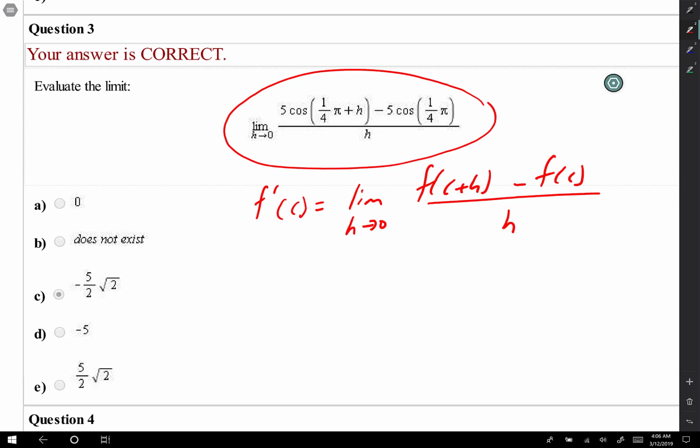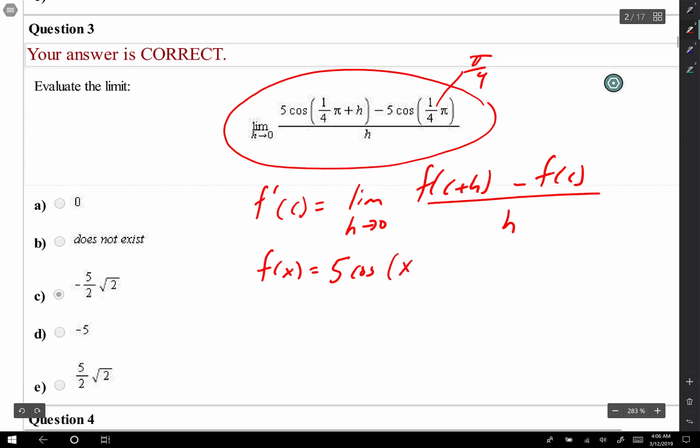So it's a derivative evaluated at pi over 4. So the derivative of what function? The derivative of 5 cosine x. How do you know that it's x? Well, all this is your x. That's like your x right there, f of c, see? So the value that you're evaluating at is pi over 4.